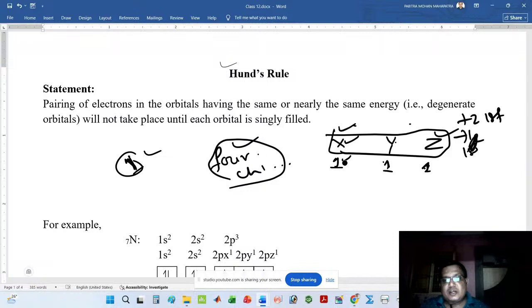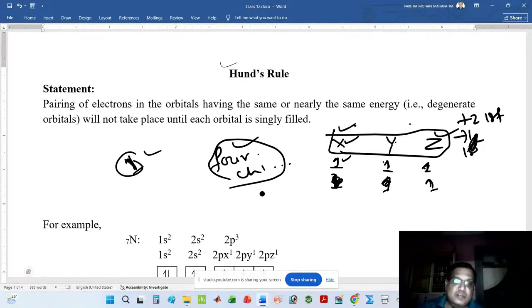So I will give the chocolate to X. If someone wants to give the chocolate to Y instead of X, then it is also correct. If someone wants to give the chocolate to Z instead of X or Y, then it is also correct.